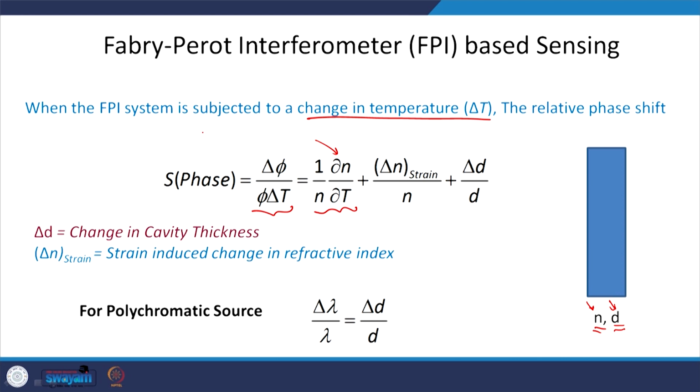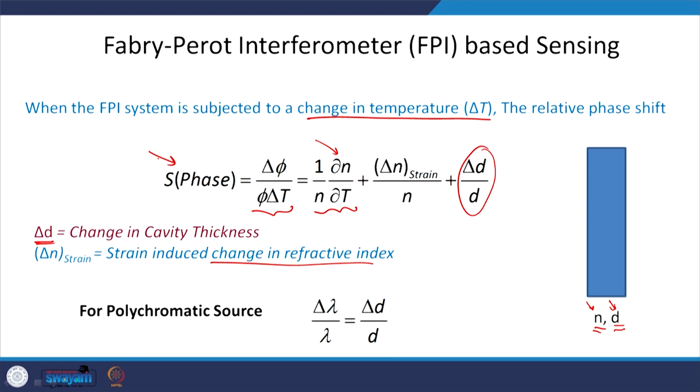What happens then? It will lead to a change in the thickness of the film. If you have a small change in the film thickness, and a change in refractive index, there will be strain, and that strain will induce a refractive index change. These are the things you have to consider while considering the change in phase difference.